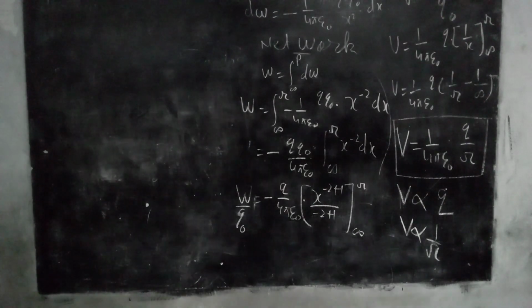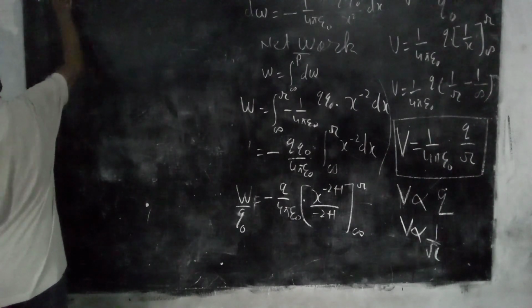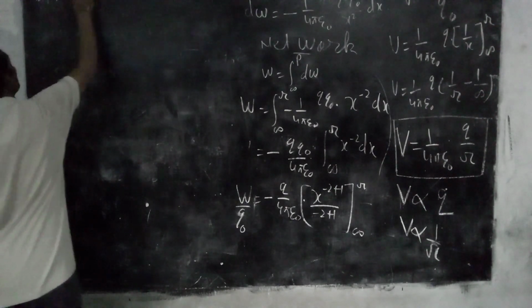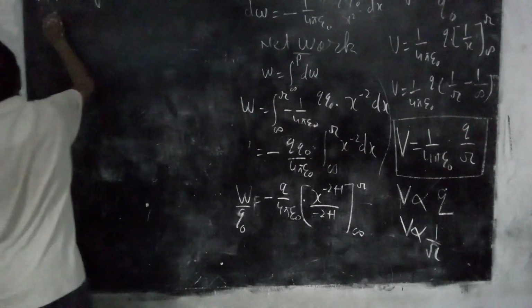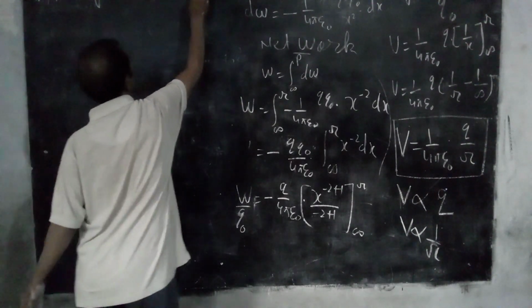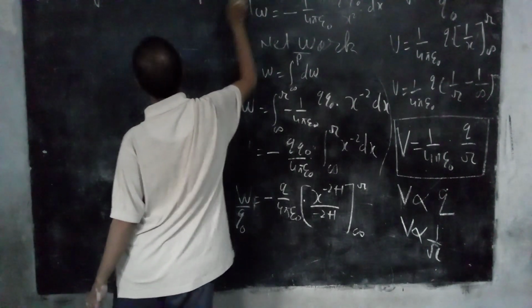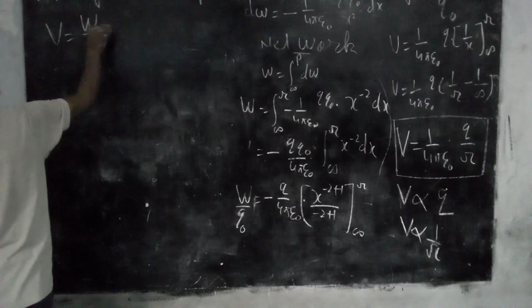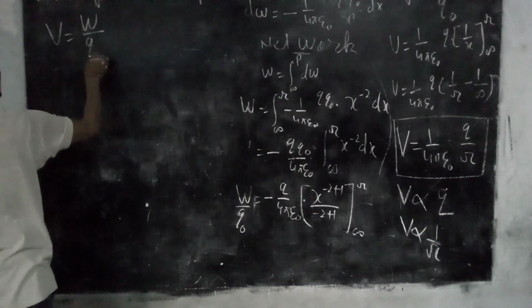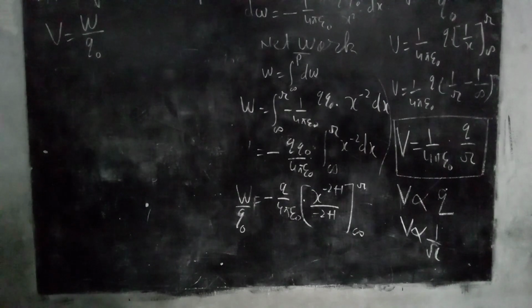Now the unit of electric potential. Electric potential is the ratio of the amount of work required to bring any charge from infinity to a certain point to the magnitude of charge.